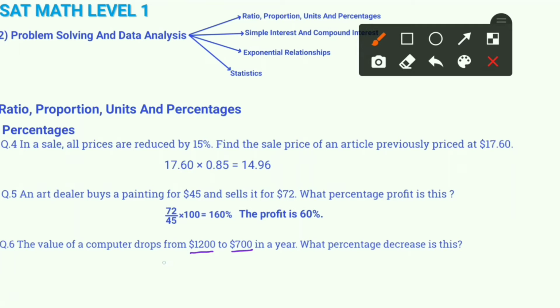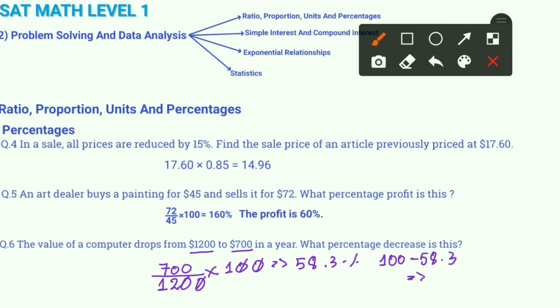So 700 upon 1200 multiplied by 100, and then using a calculator, it's 58.3%, which means that if we subtract from 100, then it got a loss of 41.7%.